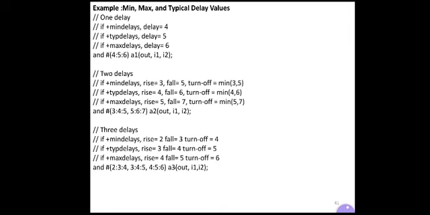Whenever the values are separated by colon, they represent the minimum value, typical value and the maximum value. So here only one delay is specified, that is 4 colon 5 colon 6. So 4 is the minimum value, 5 is the typical value and 6 is the maximum value.